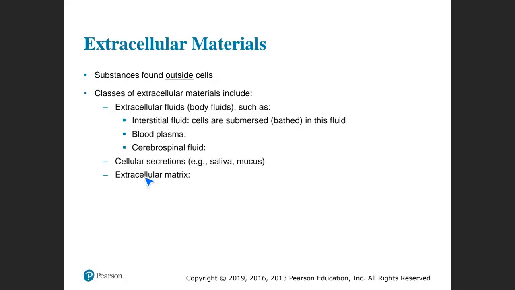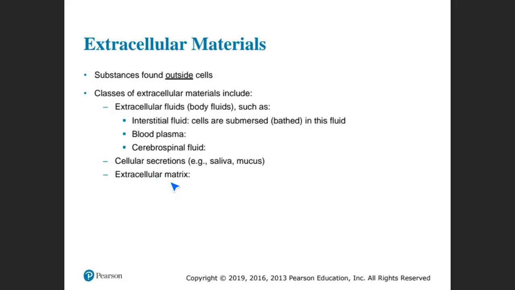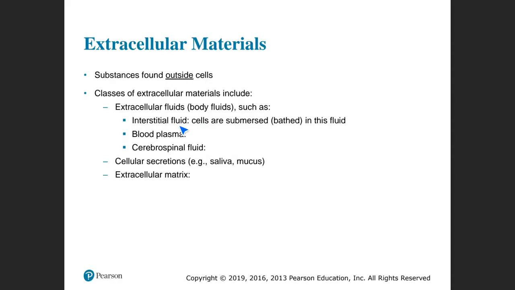This will come up in chapter 4 in a big way, because in chapter 4 we talk about when you put two or more cells together of the same type, same functions, they create a tissue, and so tissues have unique matrices. All right, extracellular materials though include extracellular fluid, which includes something called interstitial fluid, and that's the fluid in which the cells are bathed and submersed.